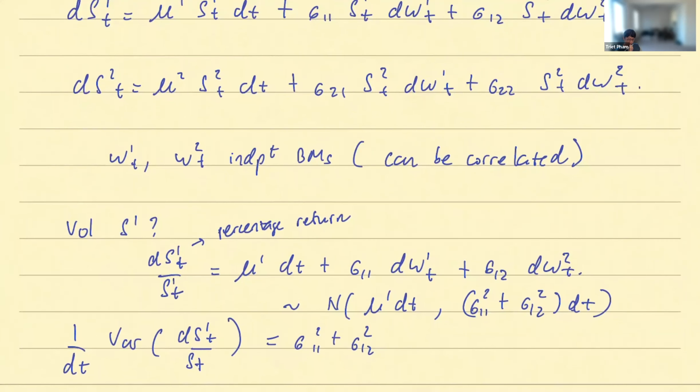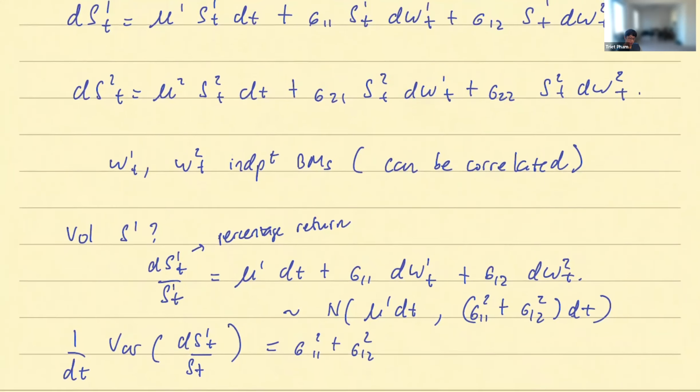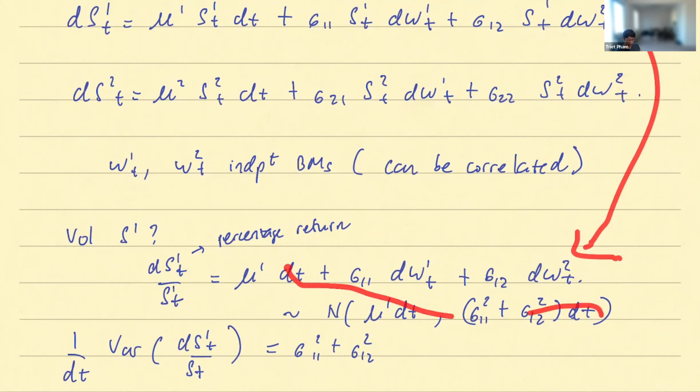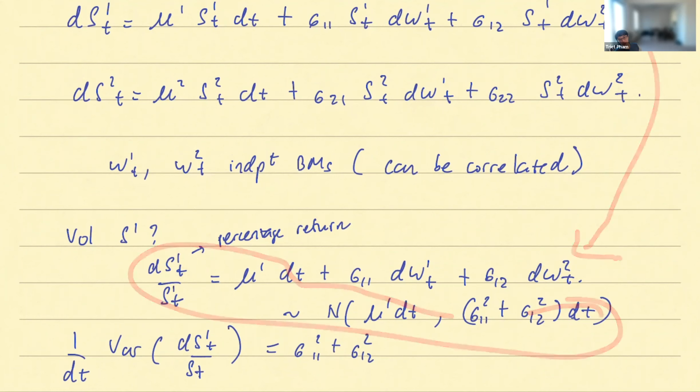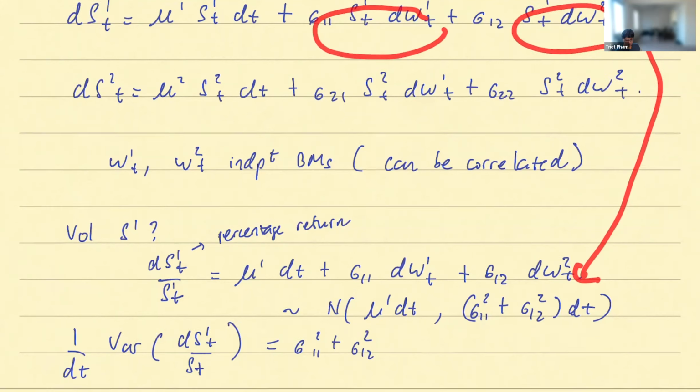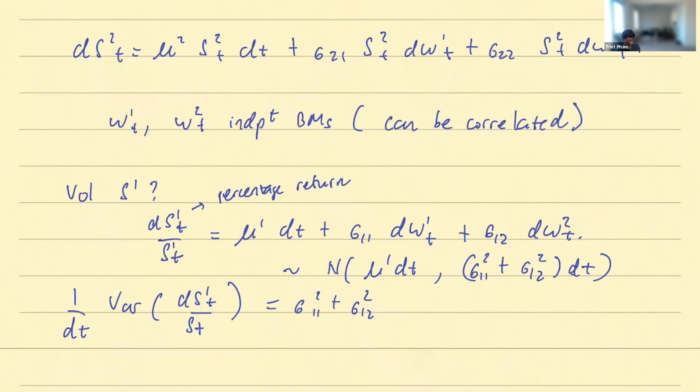Again, if your finance is okay and you know what you're reading, this is no different, at least at the distribution level, from the Black-Scholes model. Yes, it's the same thing. It just says that where the normal comes from is a bit complicated, as it gets mixed between two noise sources. But so what? In terms of distribution, as long as you understand the concept, it's the same thing.